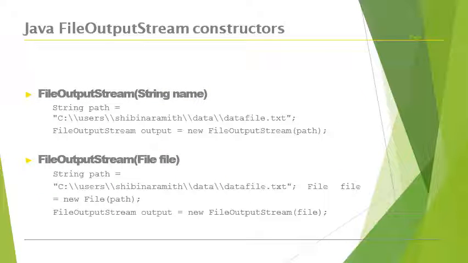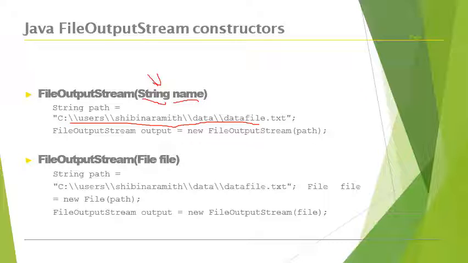We can see a simple example. FileOutputStream(String name). The last one we mentioned allows us to append. Whatever data we provide in this name, we can write it into the file. So we want to provide its path. String path equals, this is on my computer. Where is your data?